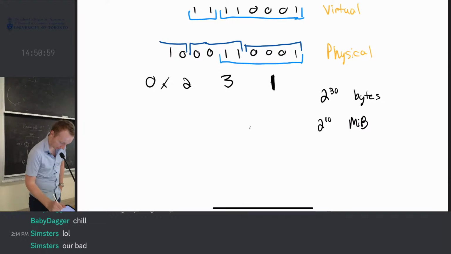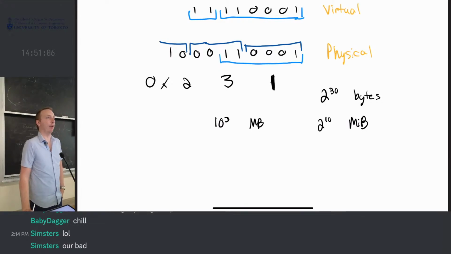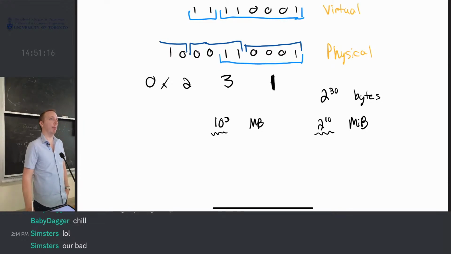While if you see just megabyte, it could mean that it is 10 to the power of 3. You might notice that these numbers are slightly different. This number is actually bigger and is more what computers use. And then this number is what people that sell you things will report. How many of you have ever got a hard drive that's like 500 gigs and then you format it and try to use it?